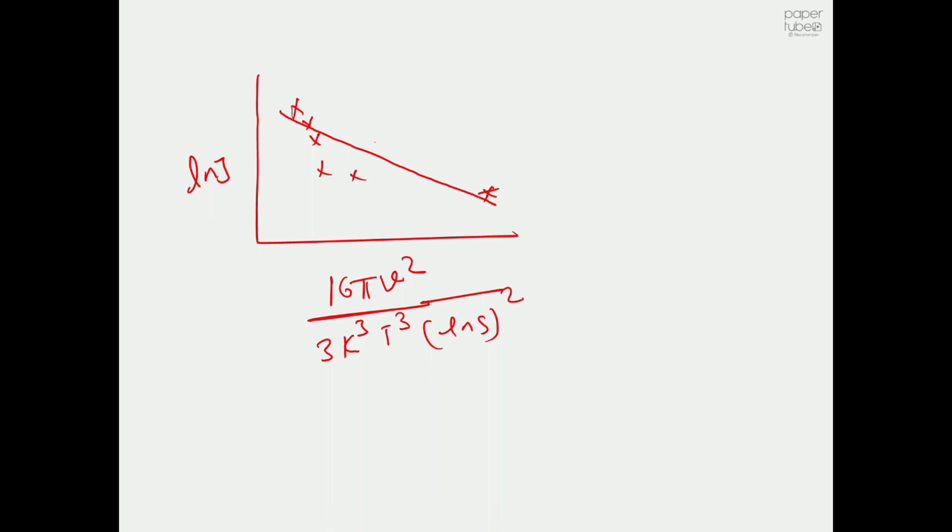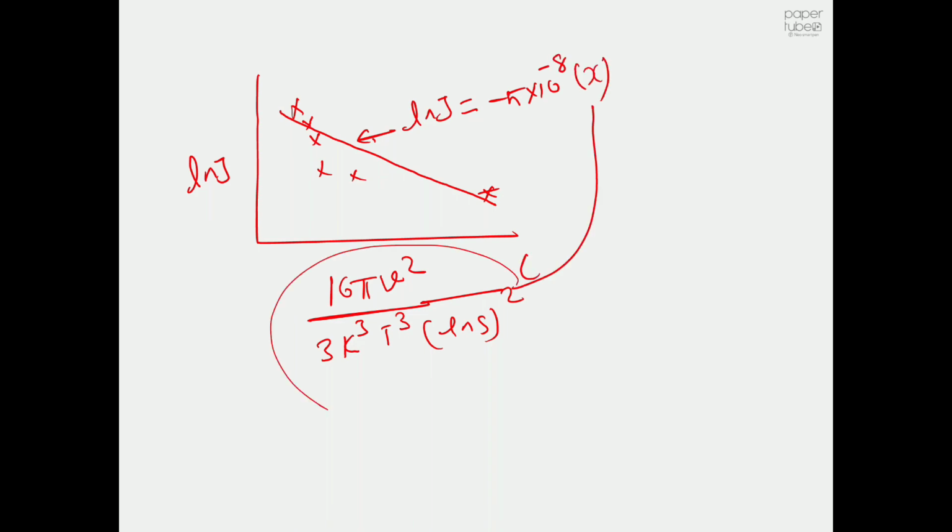So the slope or the equation will be something like that. This trend line: ln of J will be equal to minus 5 into 10 to the power of minus 8 times your x value, which is the whole parameter here, plus 4.274. So what does this mean? ln of A is 4.274.